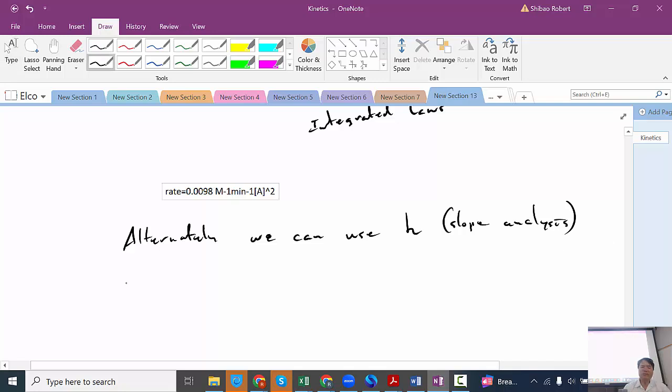This one is only 3 points. So let's consider the graph. There are 3 points here. If these 3 points were truly linear, then the slope of segment 1 should equal the slope of segment 2 here.